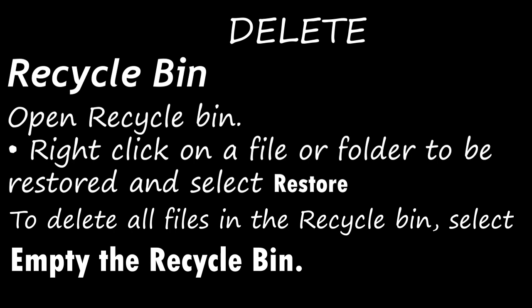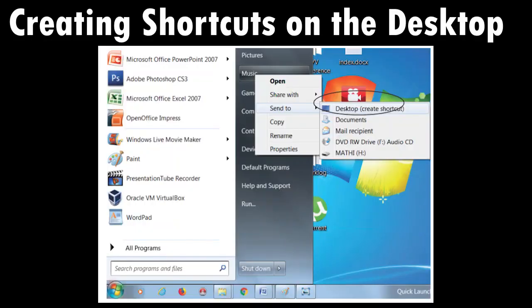Next one is creating shortcuts on the desktop. Okay, if you have a file or any icon inside any drive, you can go there and right click on it, and it will have a send to option. From there, there will be an option, create shortcut to desktop. You can just select that.